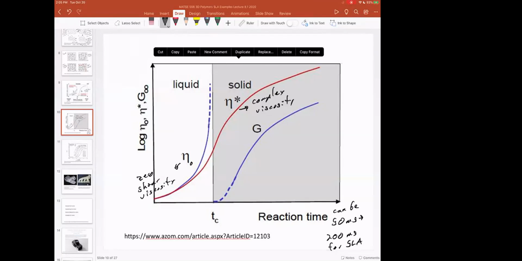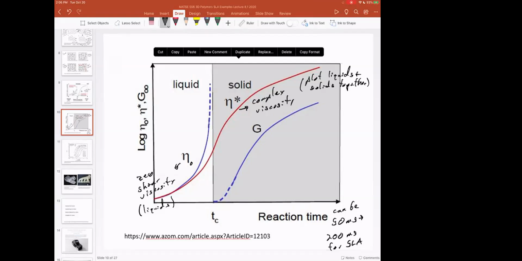And that's really only defined for liquids. And so the complex viscosity is a way to plot liquids and solids together. And you can look up the mathematical definition of eta star.